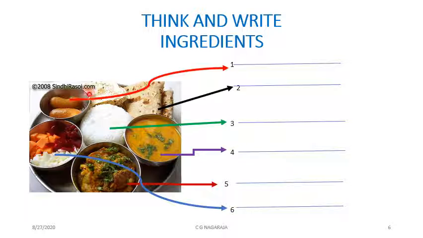Jamun contains sugar, jamun contains ghee, jamun contains flour of maida or a ready-made jamun mix, and then it is fried in ghee or oil. They are the ingredients. Now like that for figure 2, 3, 4, 5, 6, you identify the food and then write the ingredients.